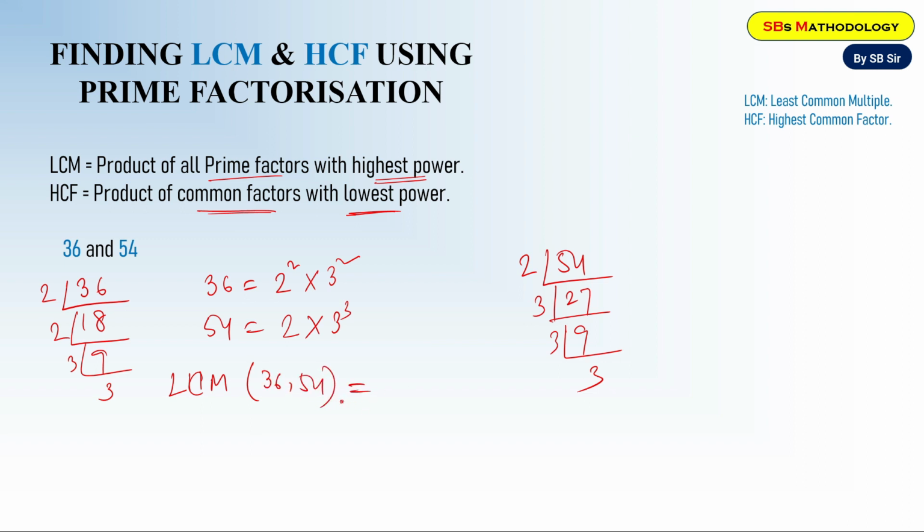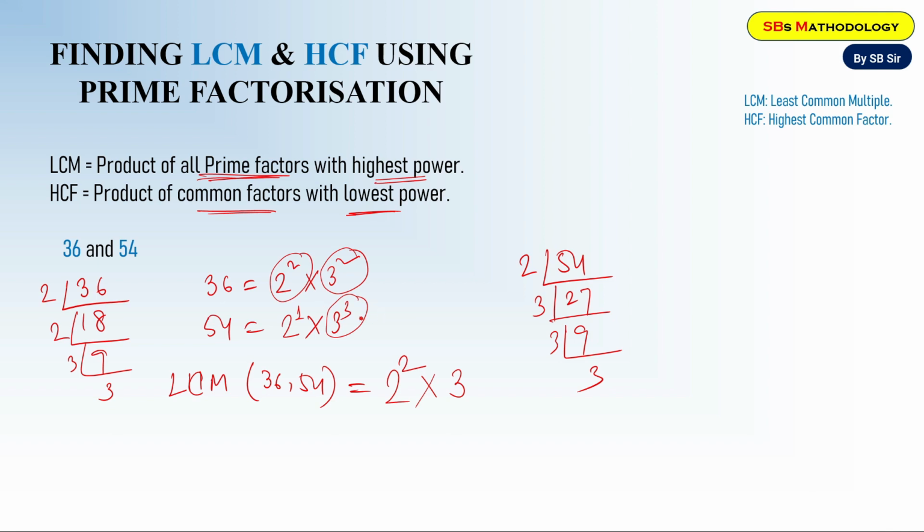Now let us understand the product of all prime factors. What kind of prime factors occur in this example? 2 and 3, with their highest power. So we will write 2 and 3 and their product. Now 2 has power 2 in 36 and power 1 in 54. So what is the highest power? That is 2. And for 3, 3 occurs 3 times in 54 and 2 times in 36.